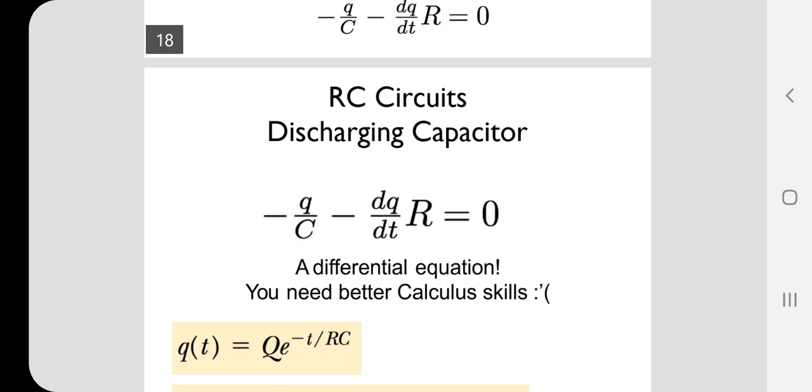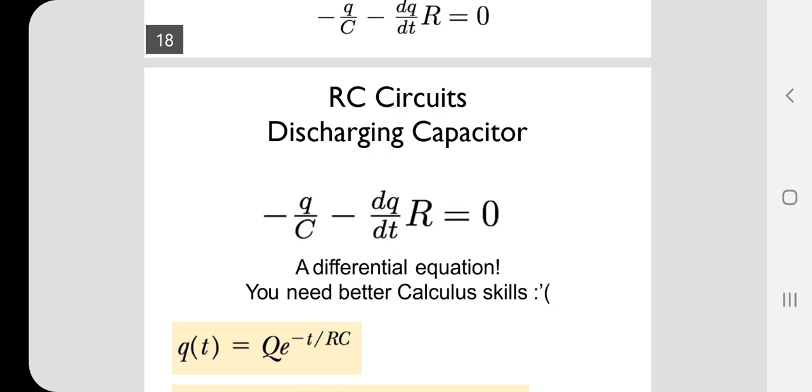So q of t is equal to Q e power minus t by RC, directly. Q into e power minus t by RC, since minus 1 by RC is there. This is the differential equation solution for q. Already you know that the current I is equal to dq by dt. So I of t is equal to d by dt of Q e power minus t by RC.